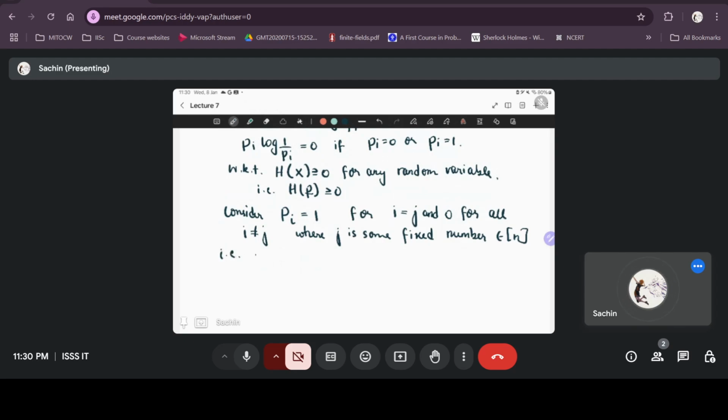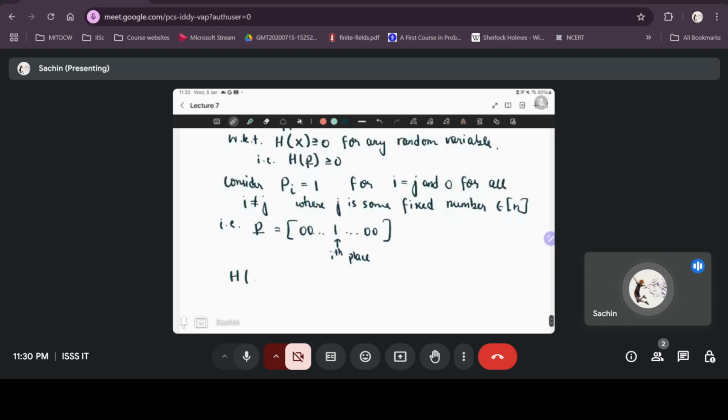That is, vector p is 0 in all places except in the jth place, or jth coordinate, where it is 1.